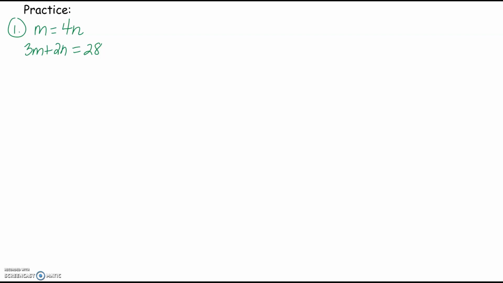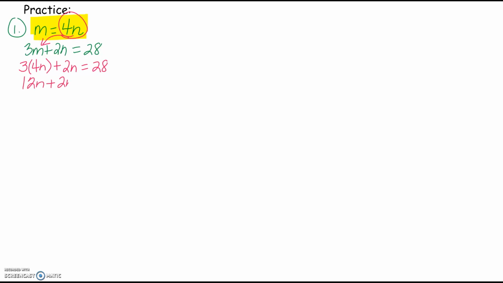I look and I notice that my top equation I have m by itself on the left and it's set equal to 4n. I'm going to take what m equals and I'm going to plug it in. I'm going to substitute it in for m. So 3 instead of m, I'm replacing or substituting it with 4n plus 2n equals 28.